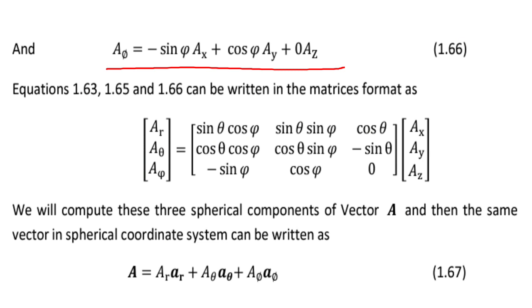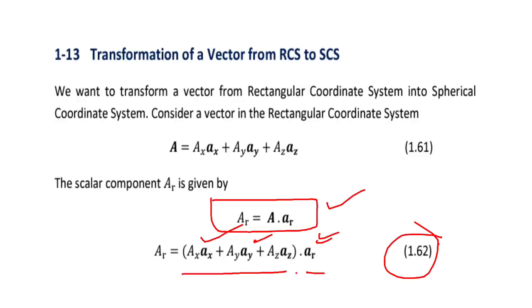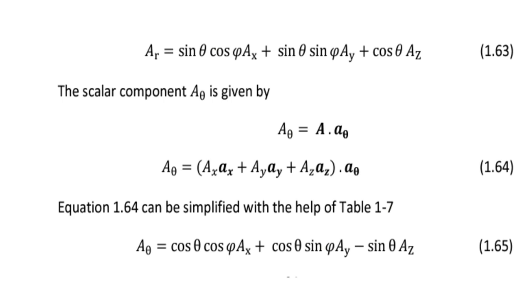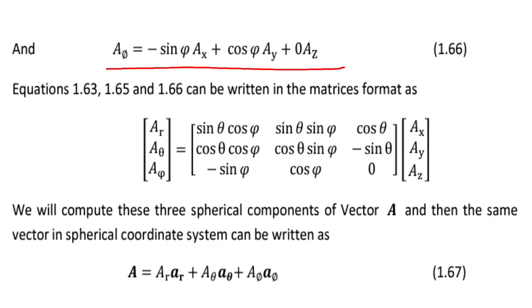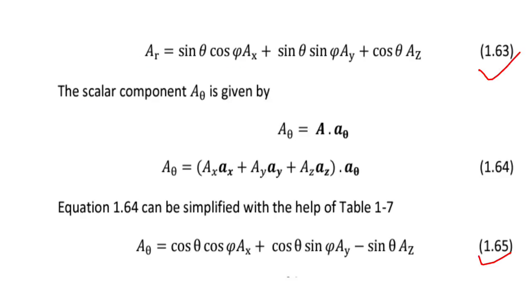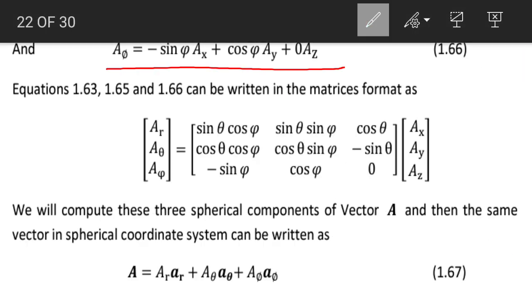So what we do, we consider these three equations. We consider equation number 63, equation number 65, and equation number 66, and we write down these three equations in the matrices format.